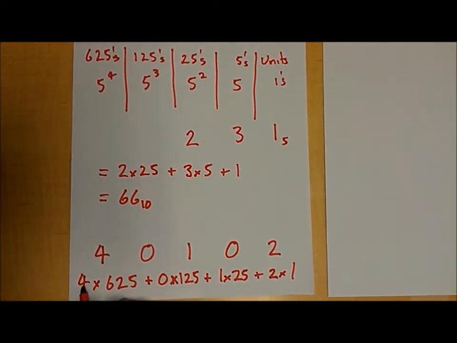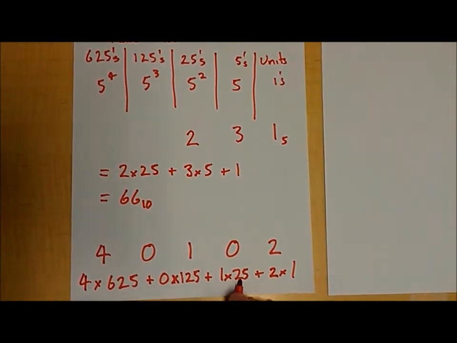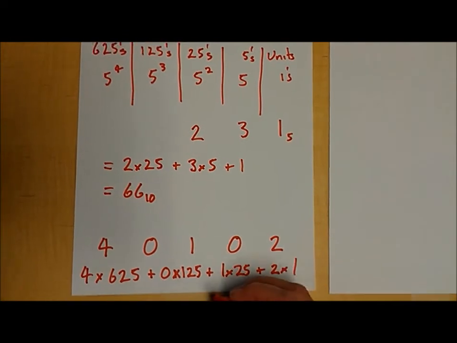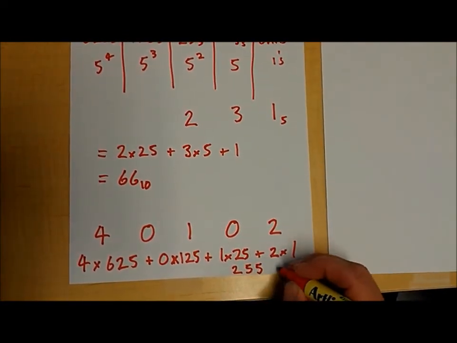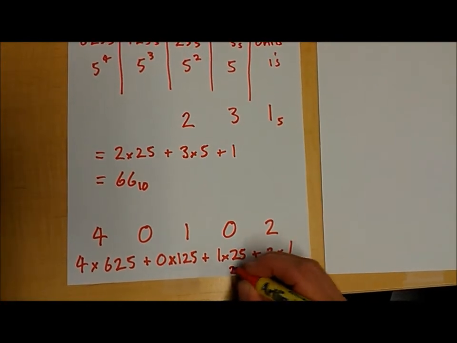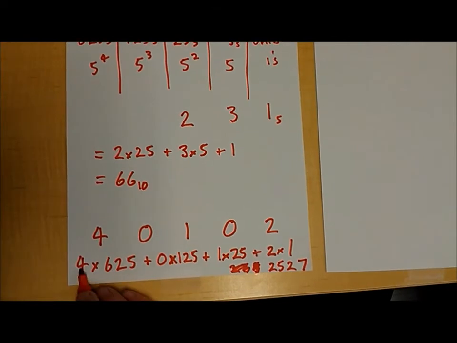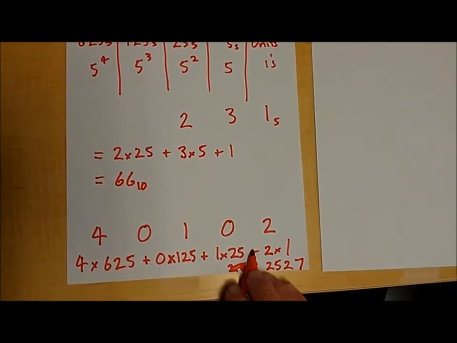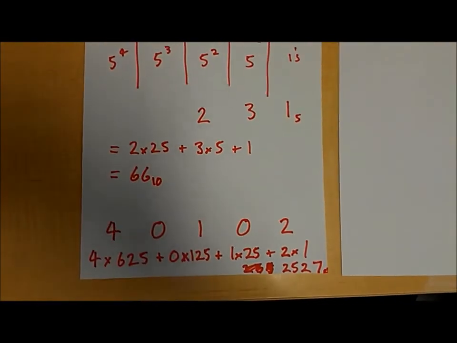And so when I add that up, I get 2,525 plus another 2 gives me 2,527. This is 2,527 down here in base 10. Okay, so that's how we move from base 5 into base 10.